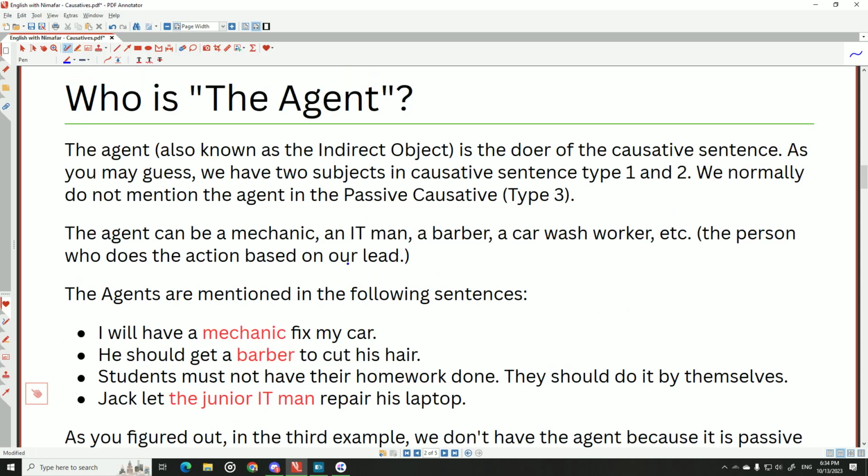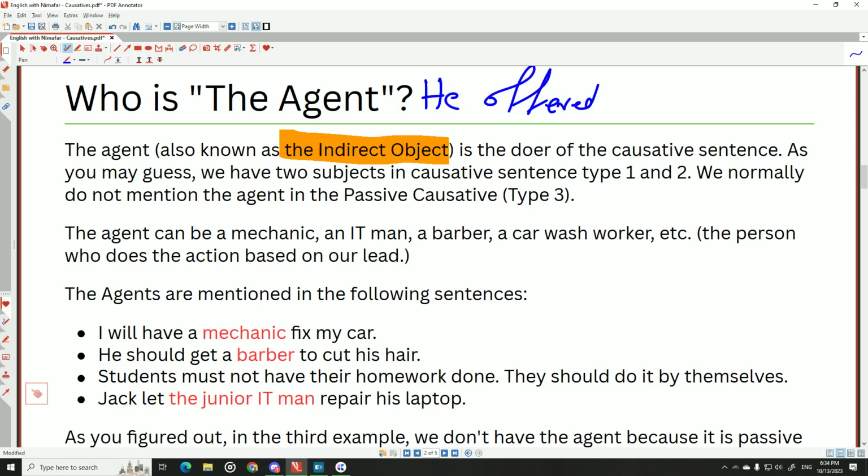Who is the agent? The agent is also known as the indirect object. In English, we have two objects, maybe you know, maybe you don't: direct and indirect objects.